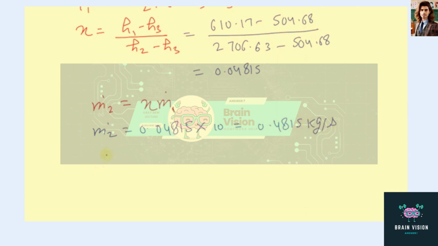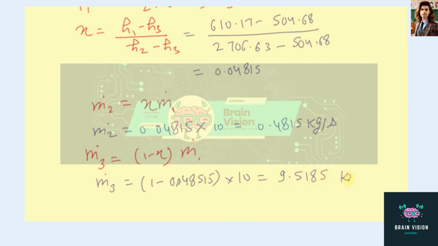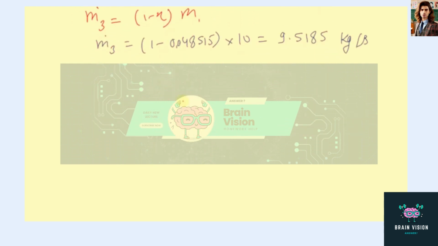And now let's apply the formula to calculate m3 dot, and this will be equals to 1 minus x into m1 dot. Now substitute all the values, so we will have m3 dot is equals to 1 minus 0.04815 into m1 dot, that means 10. So when we further calculate, we get 9.5185 kilogram per second.